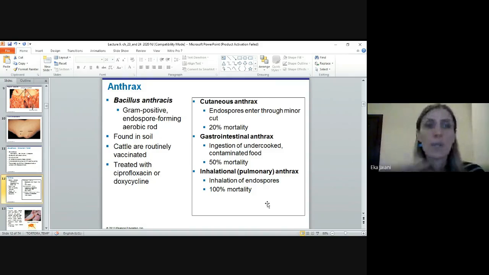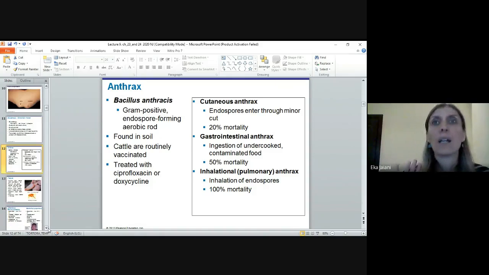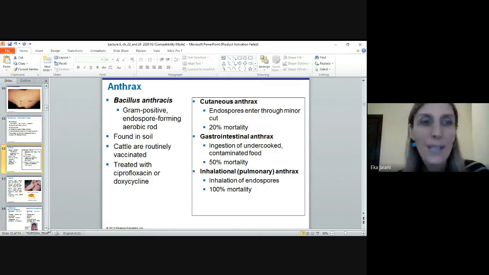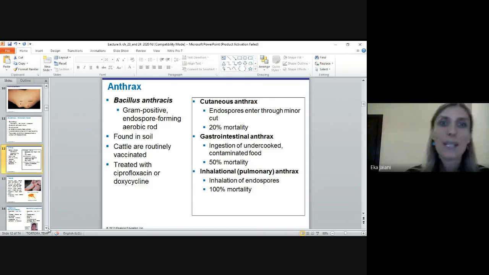It produces three types of toxins, so I will not go into detail. Unfortunately, we don't have time. It has a capsule of protein, so very different from other capsules that have polysaccharide. Actually, the component is polysaccharide, but anthracis has this protein capsule, produces three toxins, and that's why it can cause this severe disease.